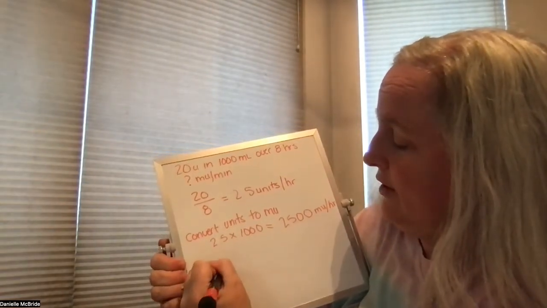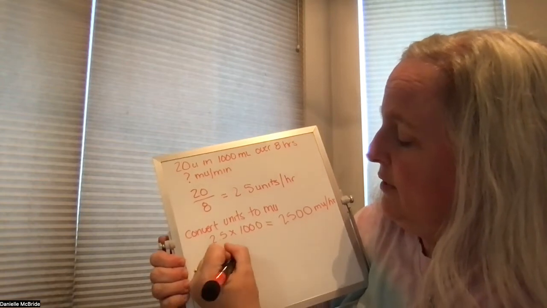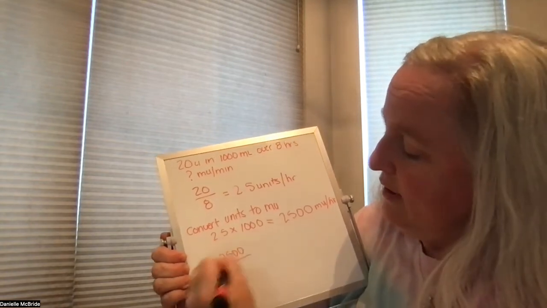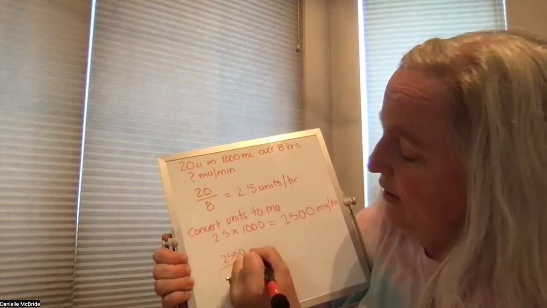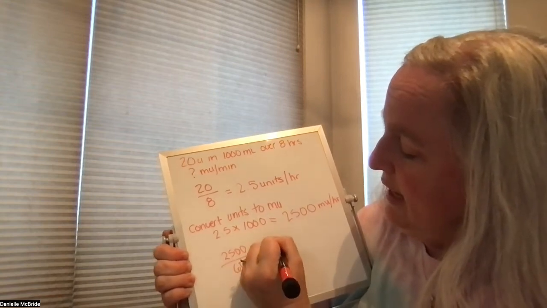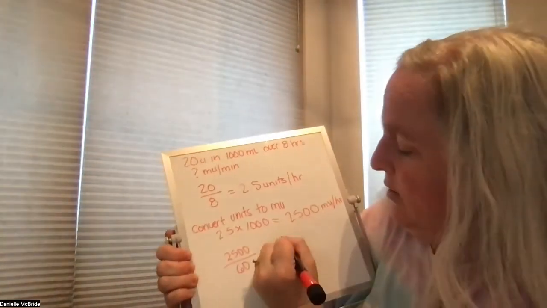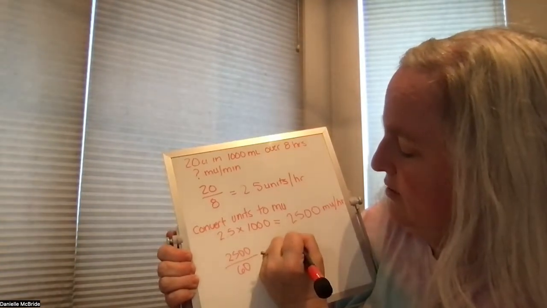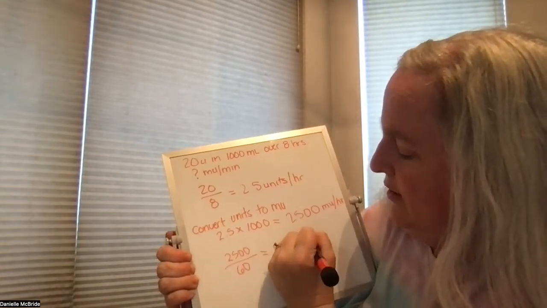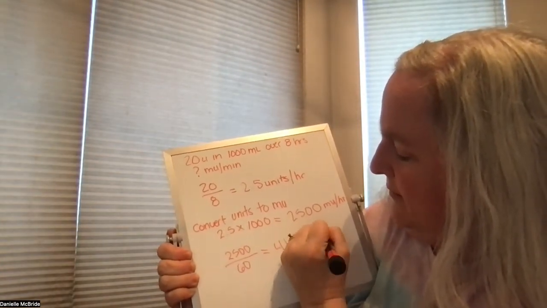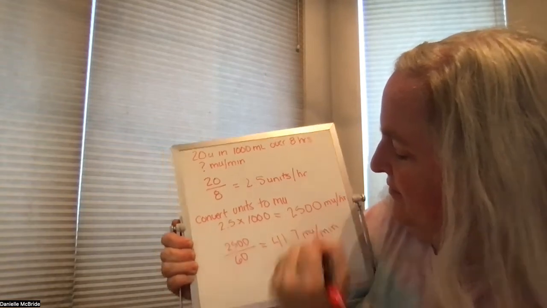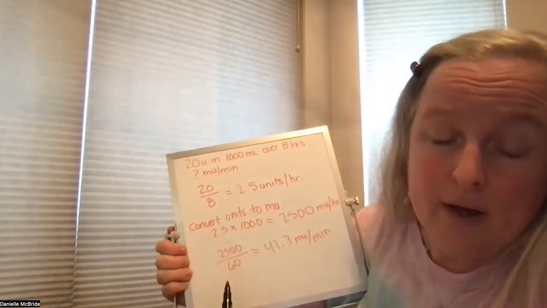So 2,500 milliunits in an hour divided by 60 minutes in an hour. And that gives you 41.666 or 41.7 milliunits per minute. And that's how you would work it backwards.